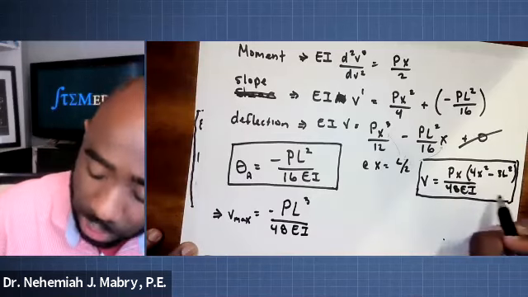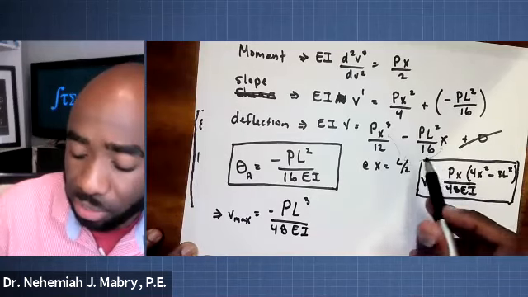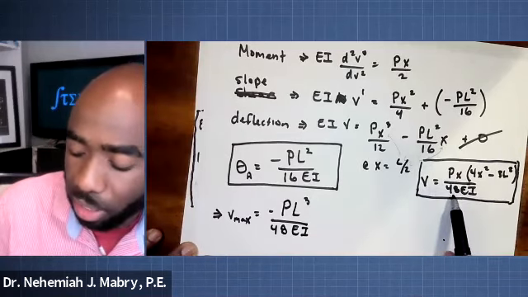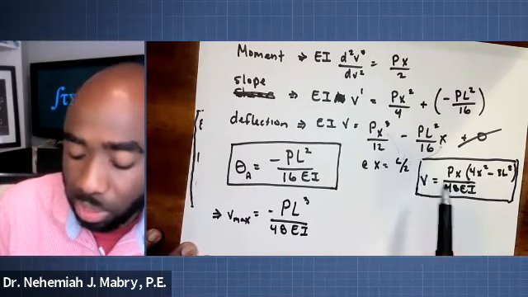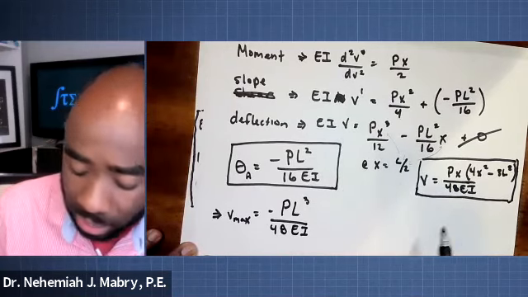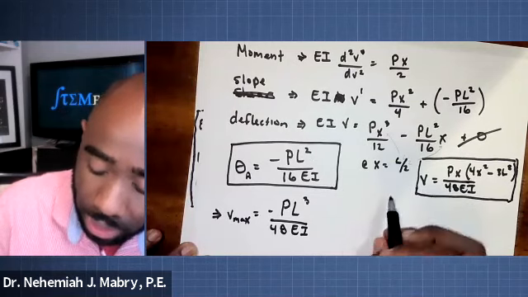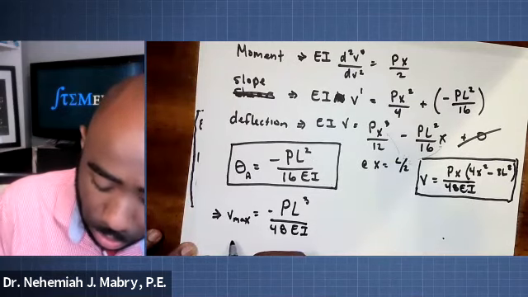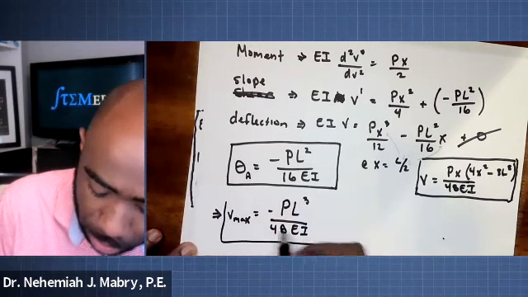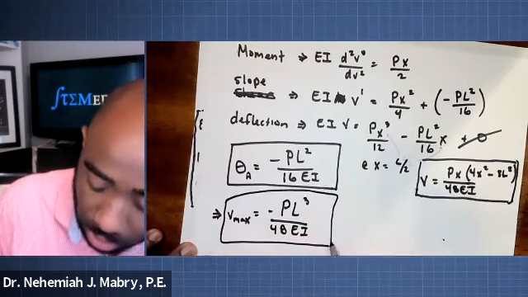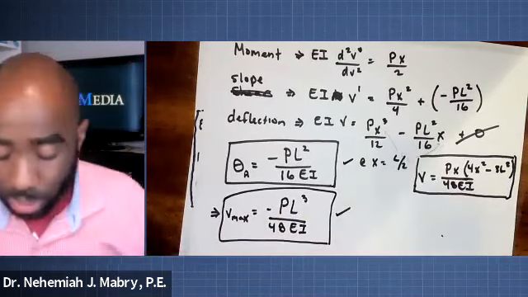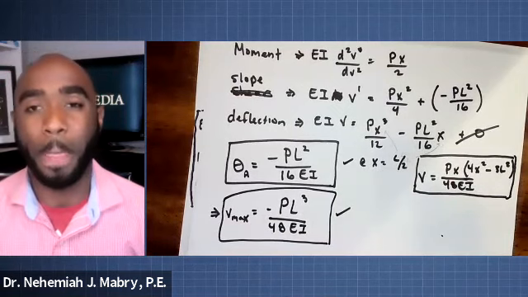Right. So this right here is just a simplified version of what we have here. We got a common denominator of 48 between these two, and we divided EI by both sides to get that. Now, when we plug in x equal to L over 2, we're able to get our maximum deflection here, which is what the problem is asking us for.